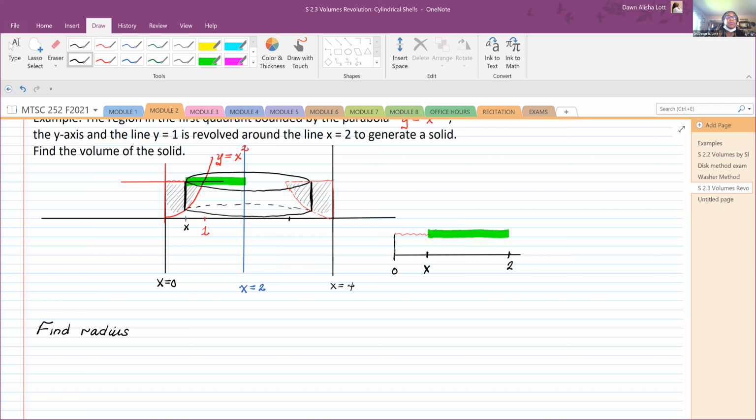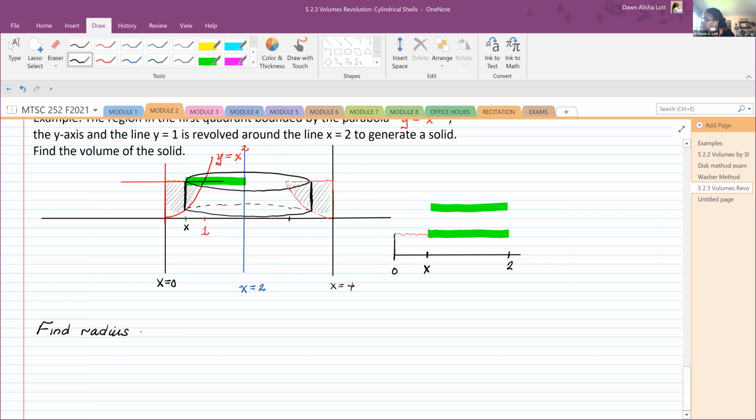The radius of the circle is the green piece. It is 2 units all the way to x equals 2. But where I chose my x to be is x units. So therefore, if I take this whole thing to 2, and then I subtract the x part, I'm left with the radius.